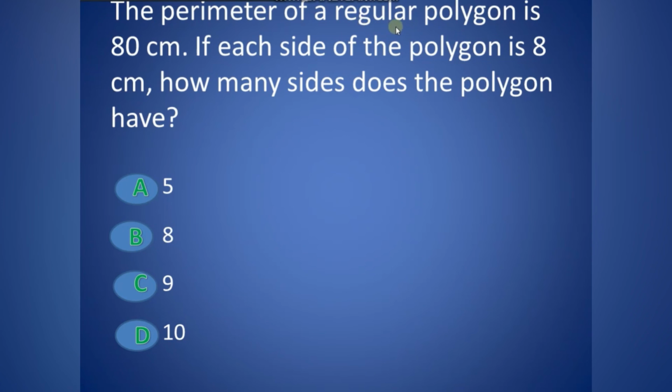So all the sides is equal to 80 centimeter, and there are 8 sides. So what is the length of one side? And to find that, we just need to divide. Divide 80 by 8. When you divide 80 by 8, what is your answer?